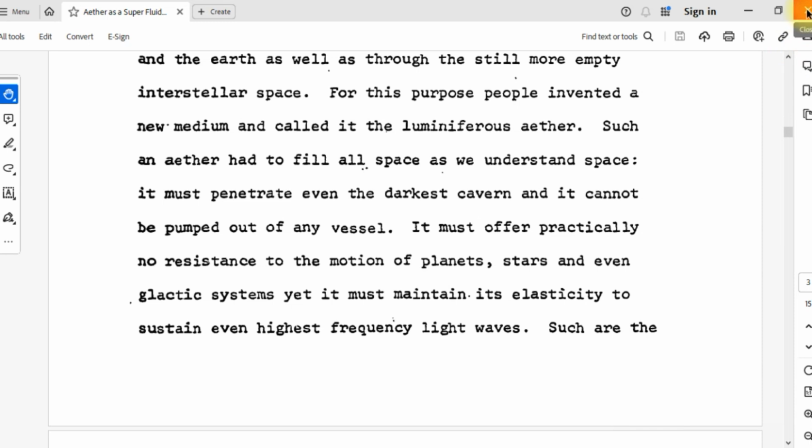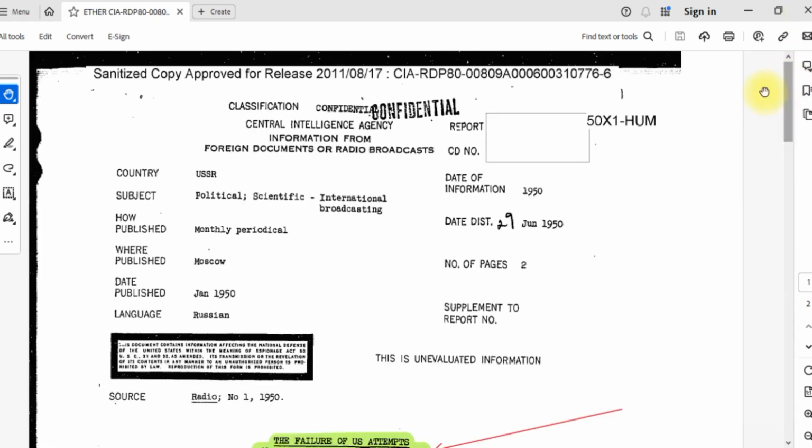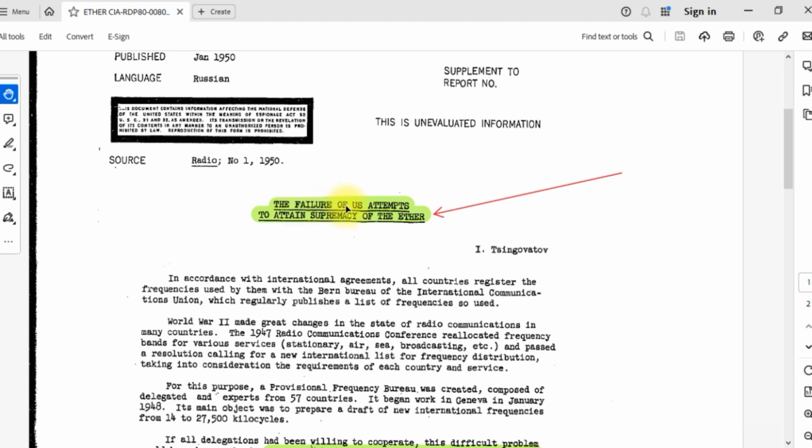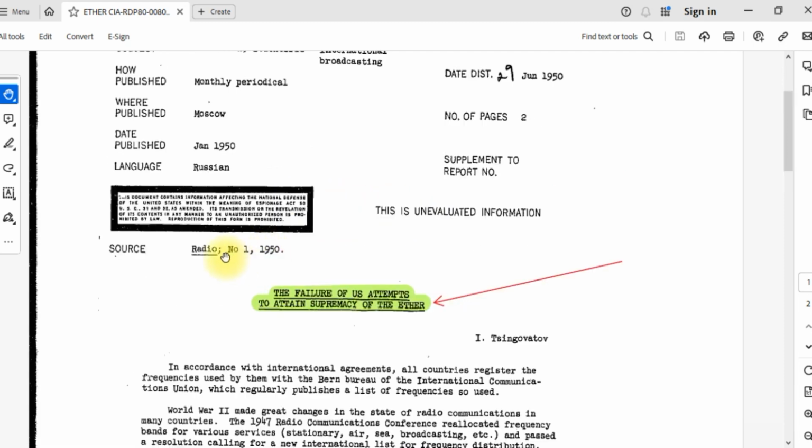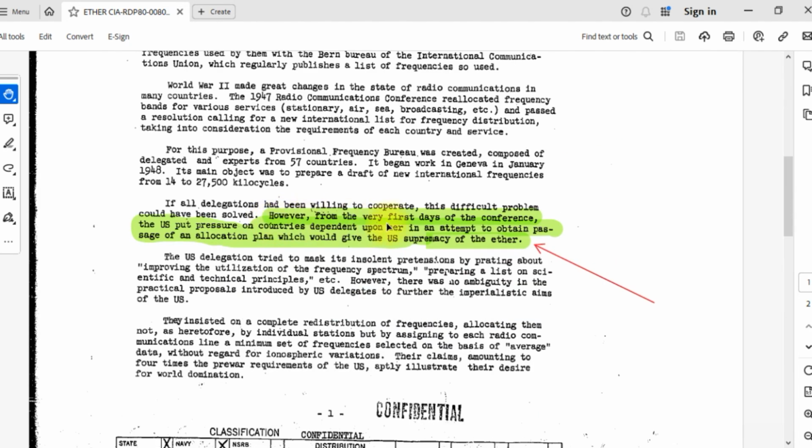Freedom of Information Act. The last one here for today, this CIA document, the failure of U.S. attempts to attain supremacy of the Aether, 1950. However, from the very first days of the conference, the U.S. put pressure on countries dependent upon her in an attempt to obtain passage of an allocation plan which would give the U.S. supremacy of the Aether.